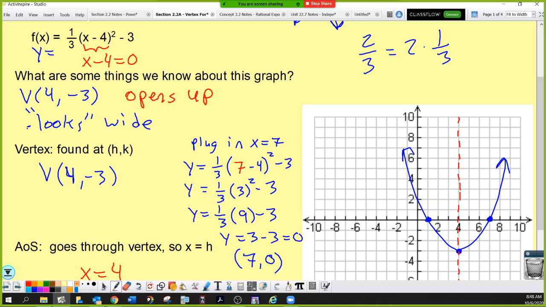So what does the 2/3 do compared to the 1/3? The 1/3 still tells you move to the left and right by 3. The 2 just means it's twice as tall as the one that had a 1/3 in front of it. That's all that means. So you can think of it as a separate transformation if you wanted to, but it doesn't affect the left and right motion of you choosing x's. Okay, so the number on top is just something you're going to multiply by.